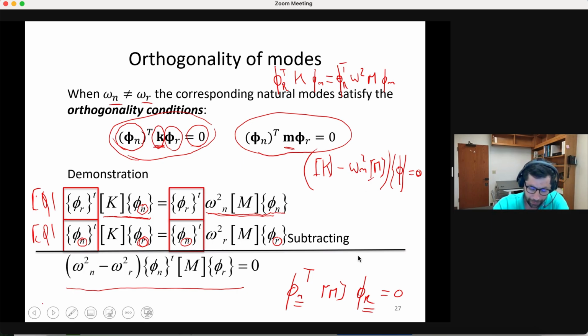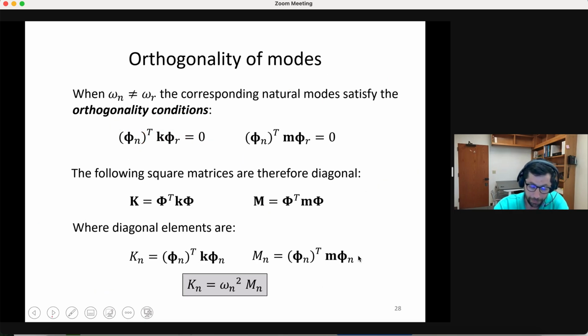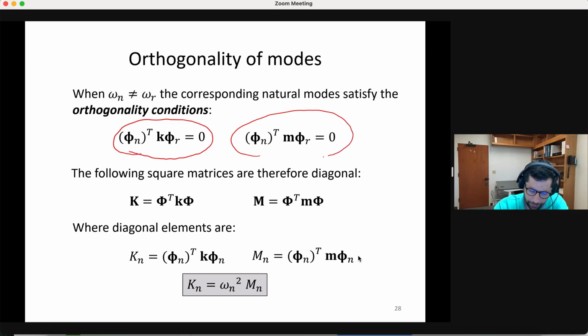The same result can be obtained for the stiffness matrix. So I can obtain that the transpose of the mode shape N times the stiffness matrix times mode shape R is equal to 0, where N and R are two generic mode shapes. Then it's clear that I will be obtaining another stiffness matrix, which is different compared to the previous matrix which we wrote before.